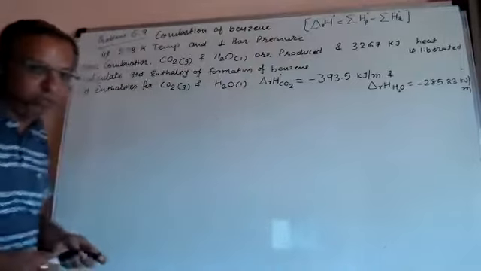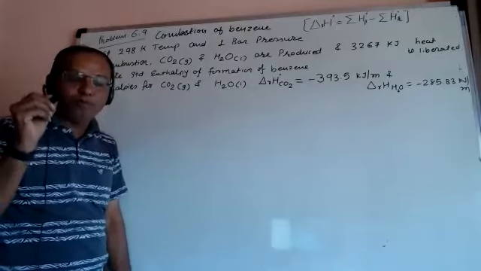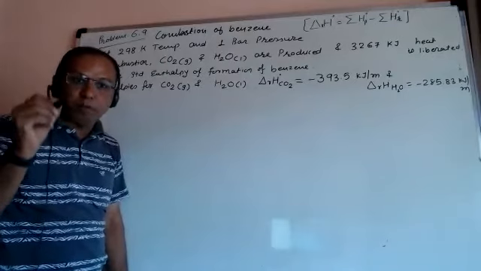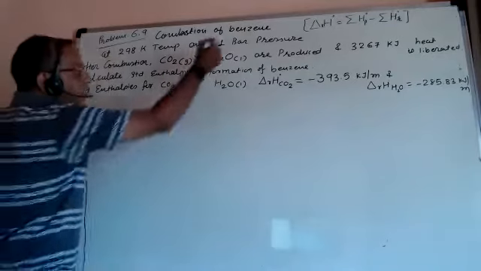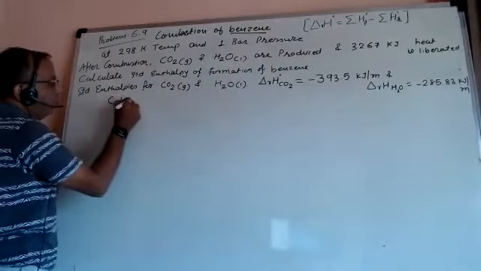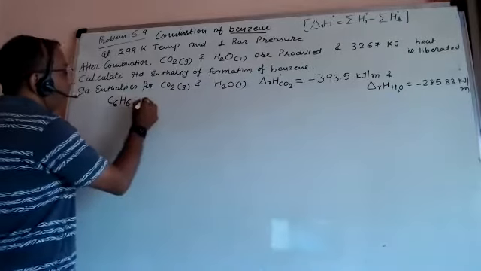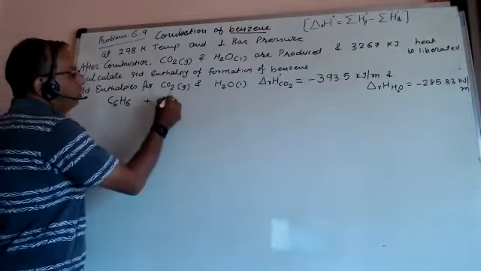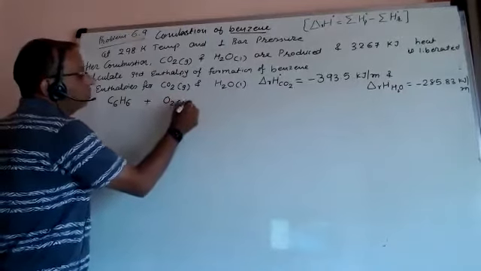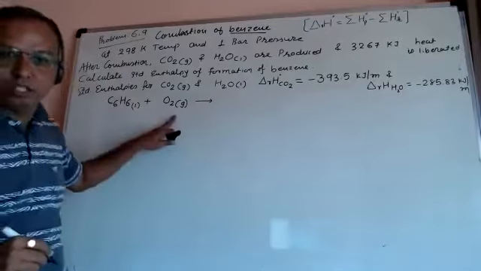So first of all, we have to write the proper chemical formula, which must be balanced. And benzene is given. So the formula of benzene, friends, is C6H6. And combustion always takes place in the presence of oxygen.